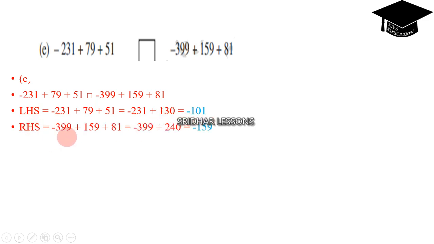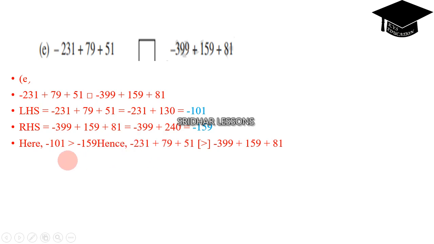And RHS is equal to minus 399 plus 159 plus 81. Again, adding the positive values, we get plus 240. Minus 399 plus 240 is equal to minus 159. So here minus 101 is greater than minus 159. So here we have the symbol greater than.